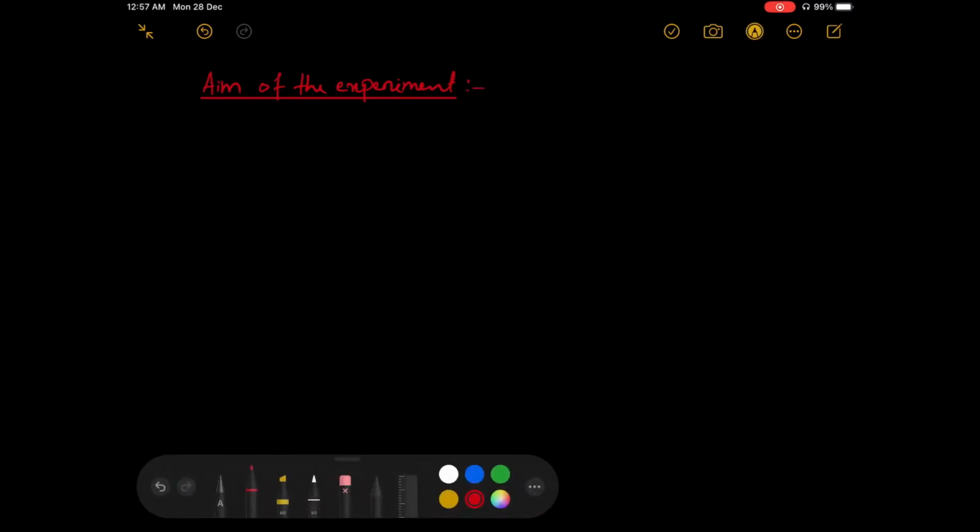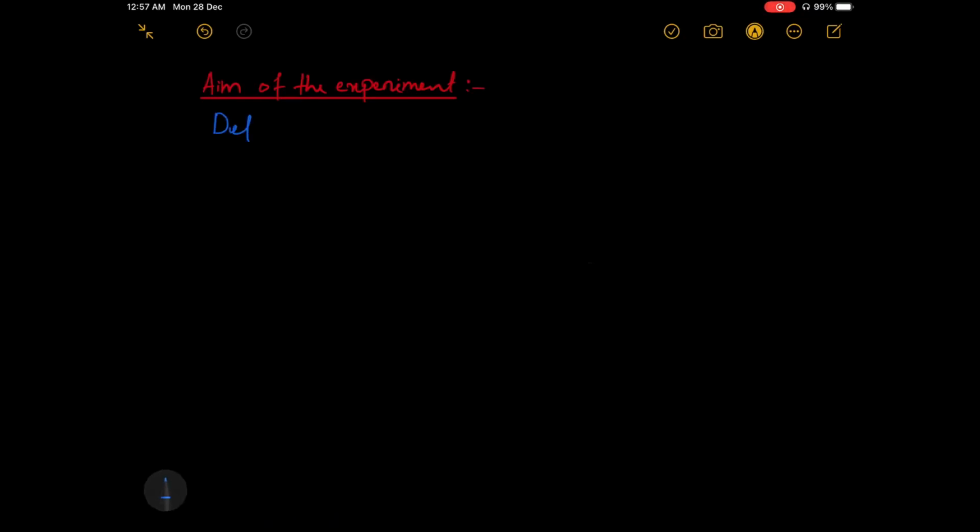Good morning, students. Our today's experiment is to determine the coefficient of friction and friction losses in different pipes. Whenever I say different pipes, that means here we are only concerned with the pipes of different diameter.